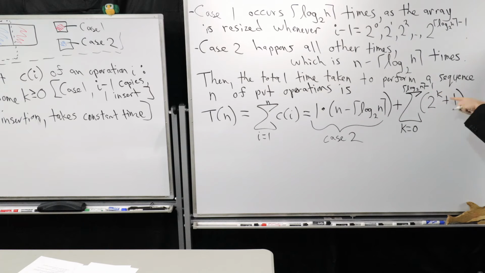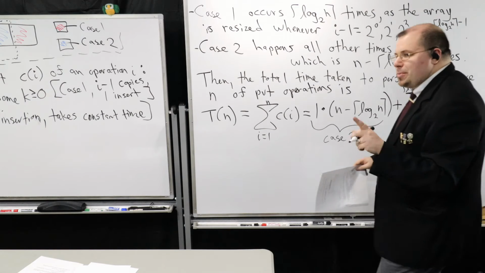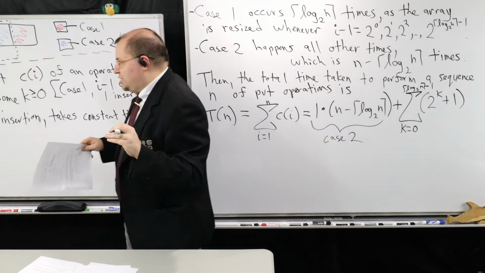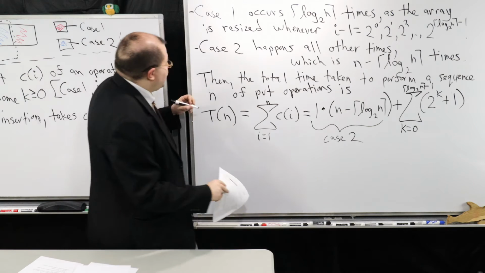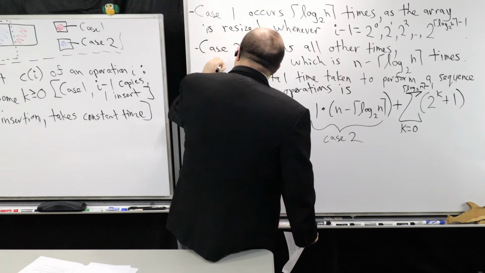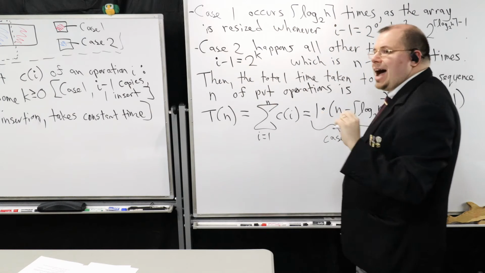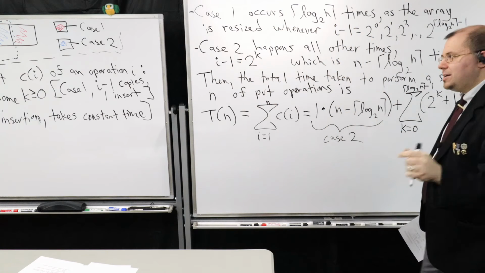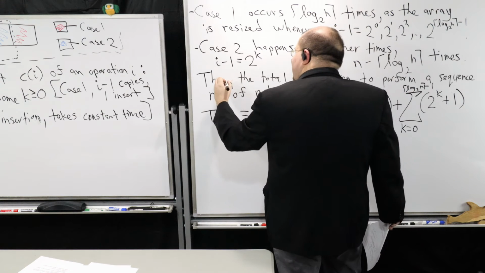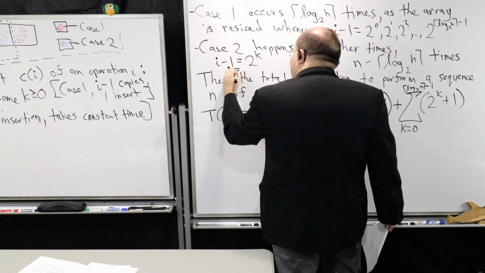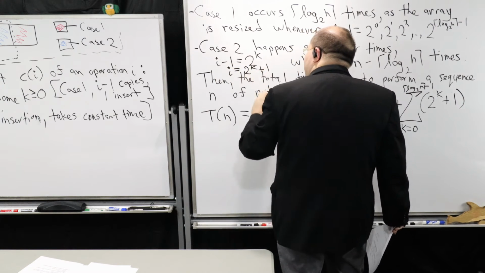You might ask where this plus 1 came from. Remember back to our cost function. We know that i minus 1 is equal to 2 to the power of k. So if I want this in terms of i, for operation i, I just add 1 to both sides of this equation, and I end up with i is equal to 2 to the power of k plus 1.